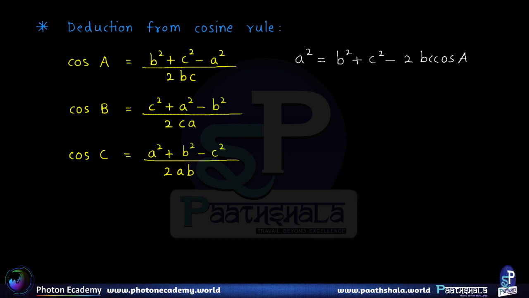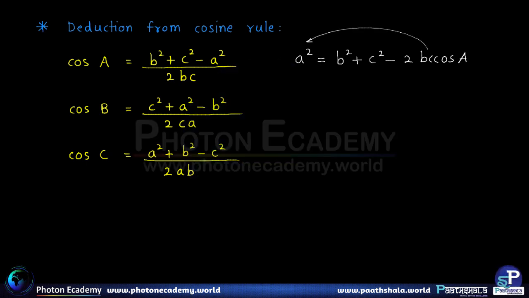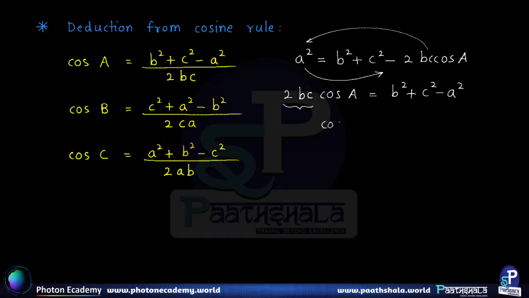Let us bring the negative term to the other side and a square to the left. So we get 2bc cos A is equal to b square plus c square minus a square. Now dividing both sides by 2bc, we get cos A is equal to (b square plus c square minus a square) upon 2bc, which is the required format.